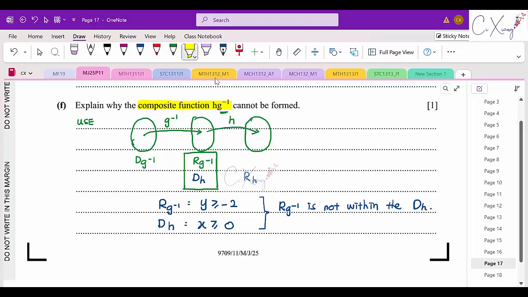That's the reason why the composite function cannot be formed. Because to form the composite function, this particular result is important: you need to have the range of G inverse equal to the domain of h. So this is how you explain it. But in the exam, I think you need to show the diagram. This diagram is mainly for understanding purposes.